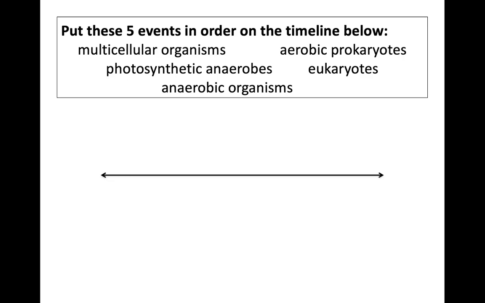Photosynthetic anaerobes, because we're still sticking with anaerobic, right? Because then photosynthetic anaerobes gave us what? Oxygen. So now we have what? Aerobic prokaryotes, very good. And then next on the timeline would come eukaryotes, very good. And last would be multicellular organisms.